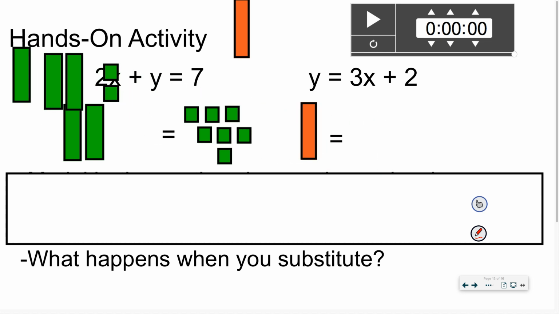So what do I have now? 5x plus 2 equals 7. If I subtract 2 and subtract 2, what must each x equal? 5x's equal 5, so x equals 1.